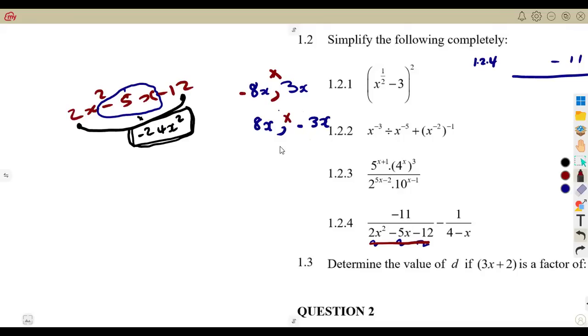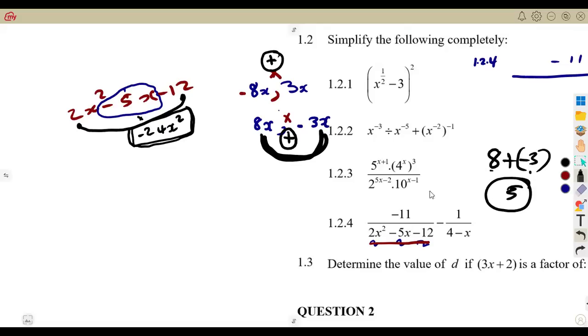But when you add these two, are you going to obtain minus 5x? 8 plus minus 3 is a positive 5, not minus 5. So this is not going to work.